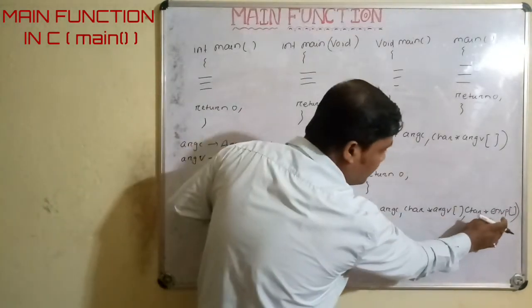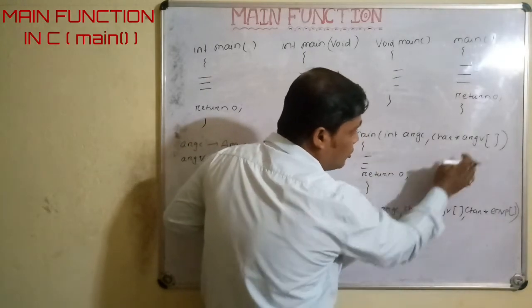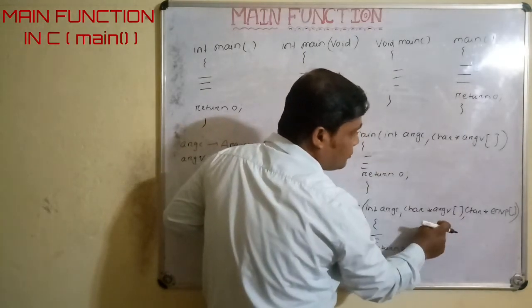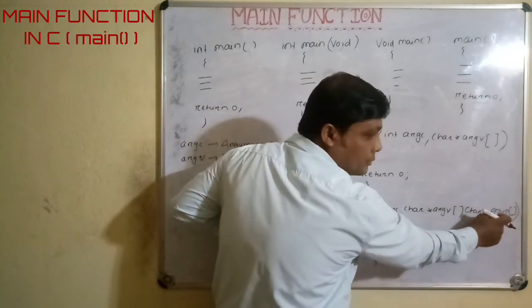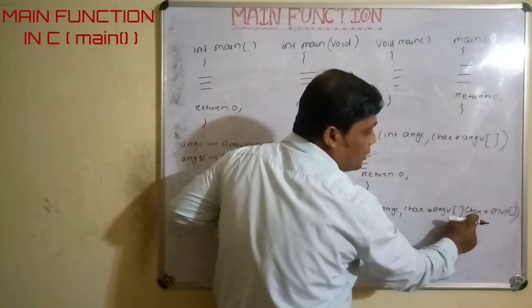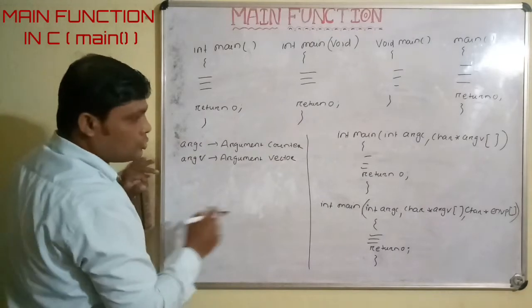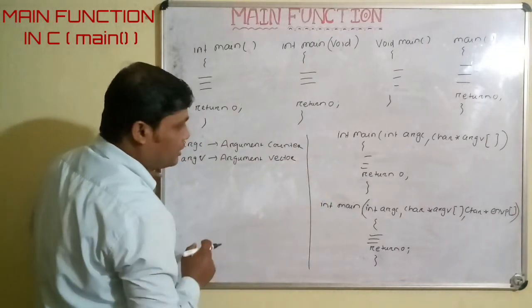Here there are three parameters or arguments. One is argc, another is argv, and the third is envp. This is also an array of pointers, an array of character pointers.